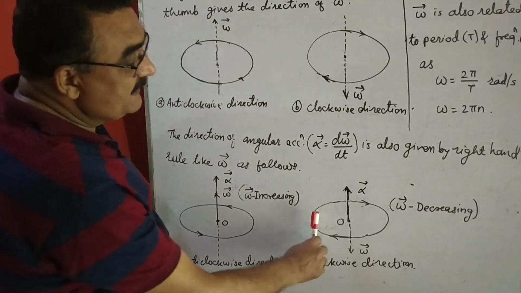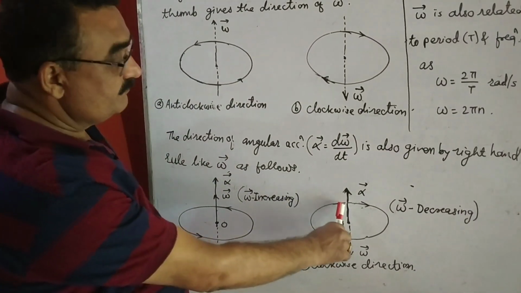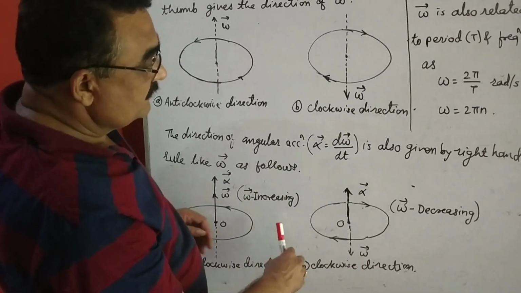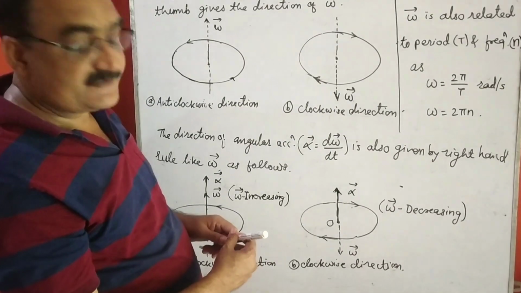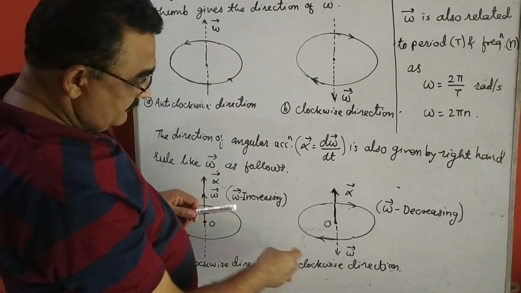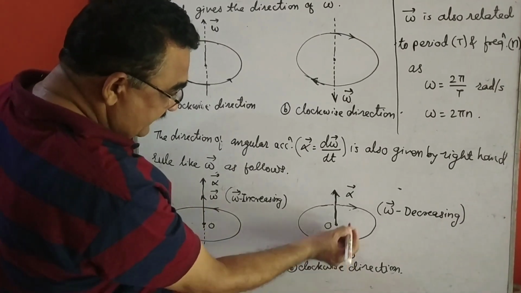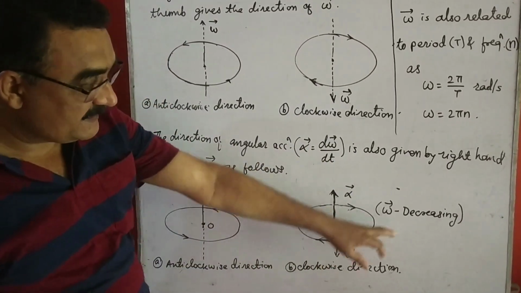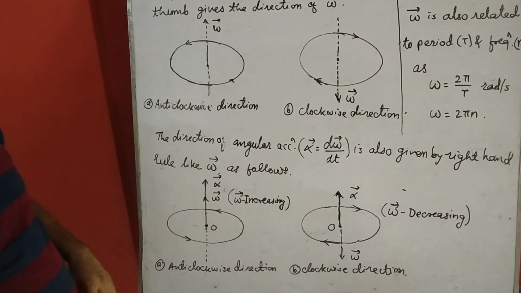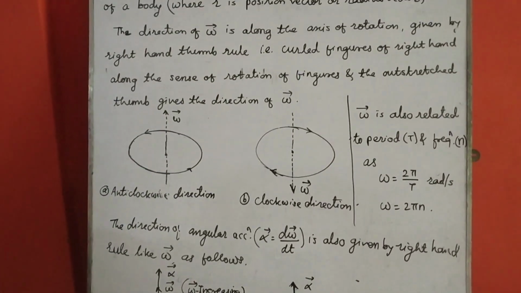If ω is decreasing, then the direction of α becomes reversed. Here ω is downward and α is in the upward direction. In this case ω is decreasing. Now see these notes carefully.